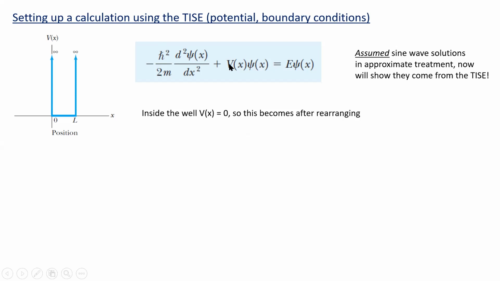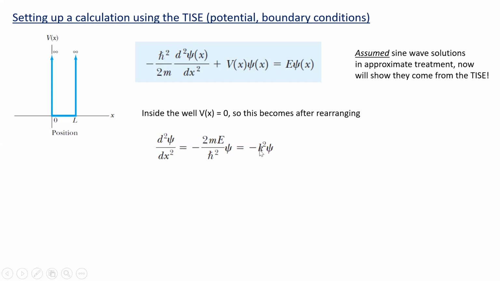And then after rearranging, multiplying by 2m and dividing by h bar squared, and solving for the second derivative, this becomes the second derivative of psi with respect to x squared is equal to, remember this term v of x is gone, just minus 2mE over h bar squared times psi. And that's a little bit of an awkward combination. So we just rename it minus k squared times psi.